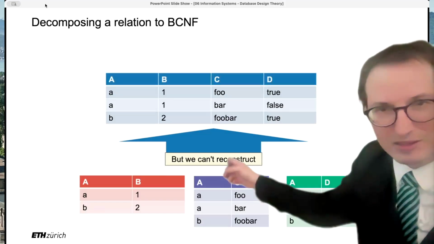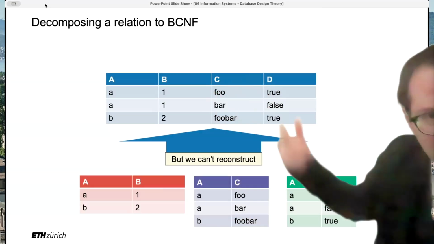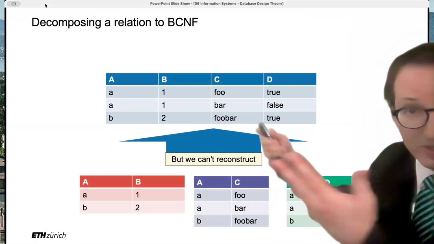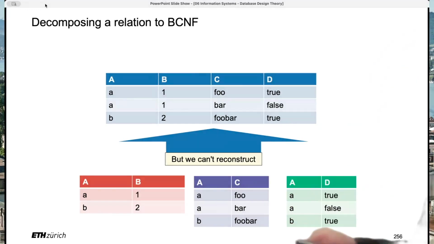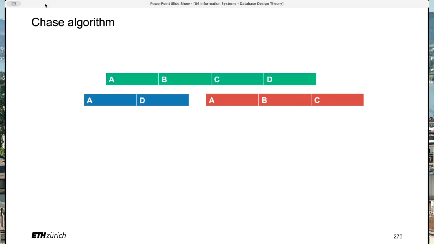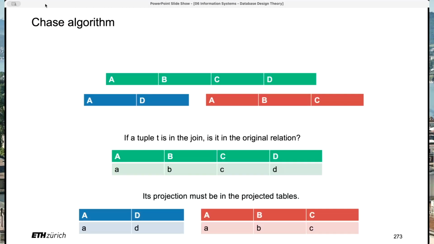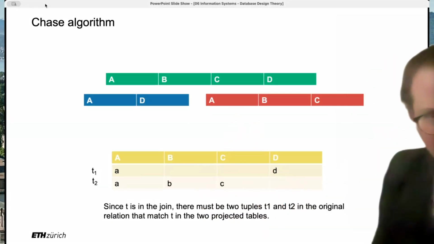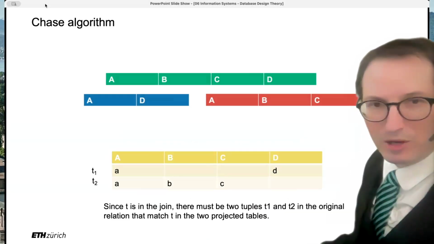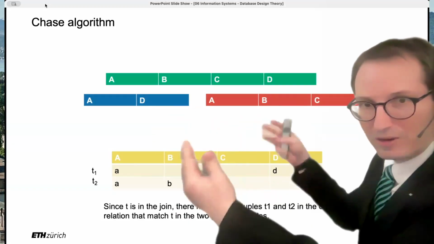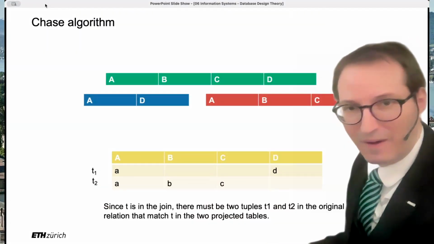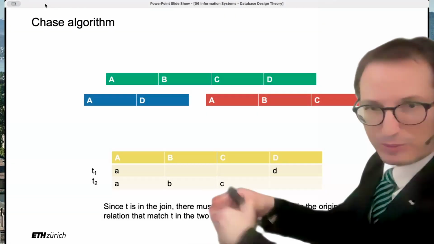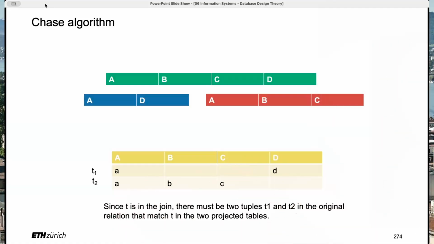And now we just must ask, then was it in here? This is where the Chase algorithm is going to tell us whether it can be a ghost tuple or whether it's really an original tuple that should be here. Since these are in the decomposed tables, they must have been projected from somewhere in the original table. So AD must have come from some tuple that had AD and whatever in here. ABC must have come from some tuple ABC and then whatever in here.